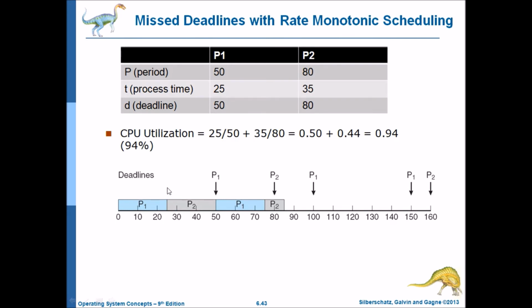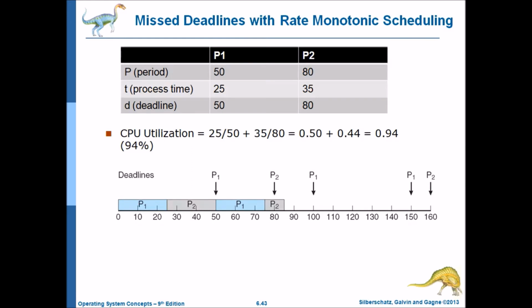Then P2 goes next and runs 25 out of its 35 time units before it gets preempted again by P1 at time 50. P1 completes its second burst at 75, and then P2 completes its last 10 time units at time 85, missing its deadline of 80 by 5 time units.